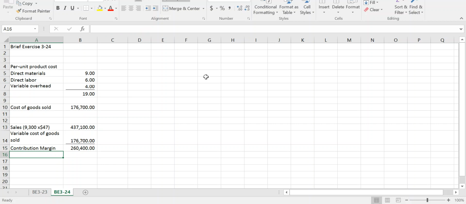Because remember, to calculate contribution margin, it's sales minus all variable expenses, not just our variable product cost expenses. Now we have to subtract away all of our fixed expenses. So we had fixed overhead. Our fixed overhead rate was $5 per unit that was, and this is very important, produced, not based on how many that were sold. So we produced 10,000 products or units during this period, so we have to multiply it by the 10,000.